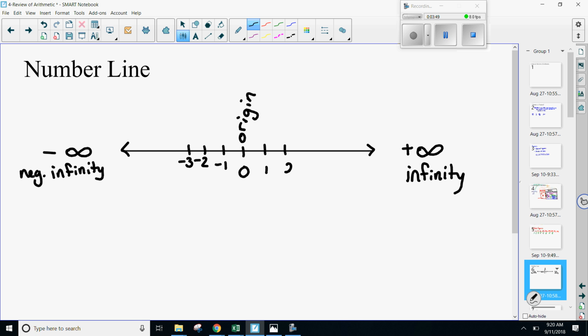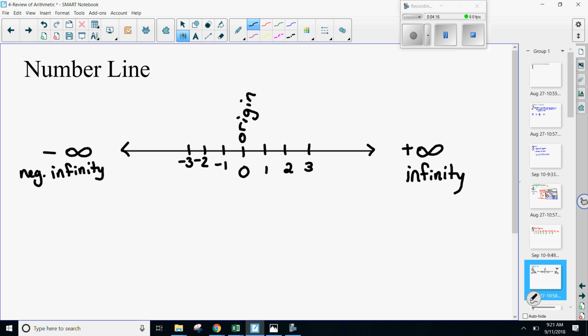If you were to compare, how would you compare the value of -3 compared to the value of -1? -3 is less than -1, because when you want to compare numbers, you look on the number line, and anything that is to the right of the other value is going to be greater than.